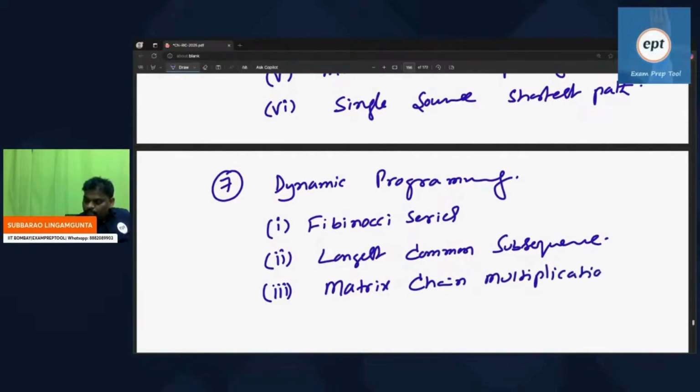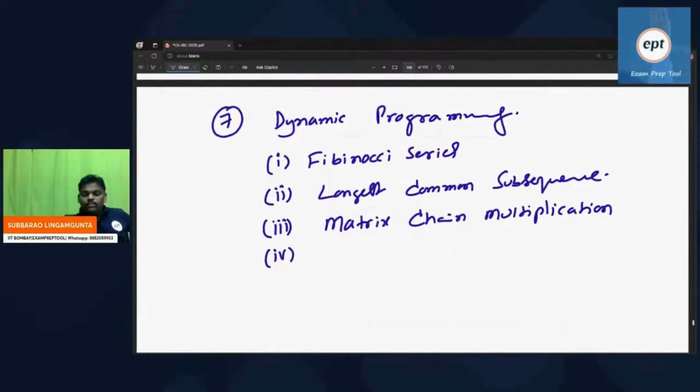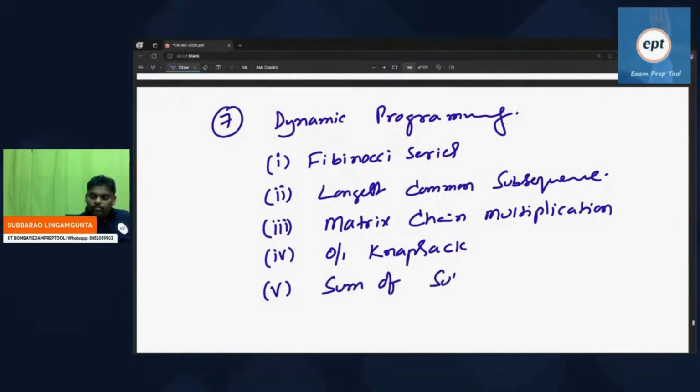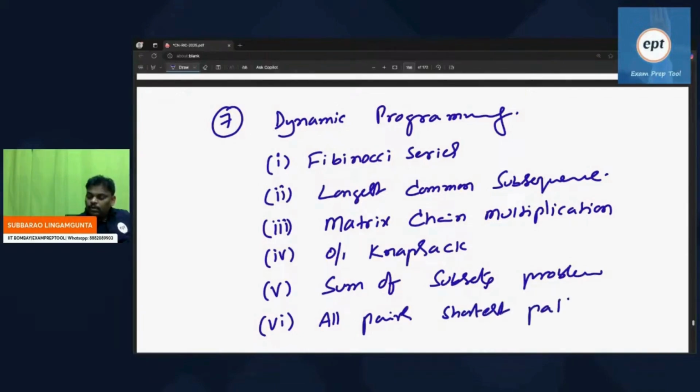Fourth one, 0/1 knapsack. Fifth one, sum of subsets problem. Sixth one, all pair shortest path.